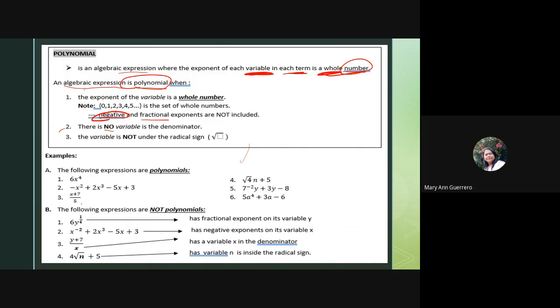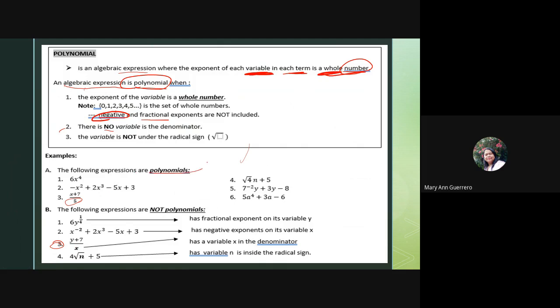Bawal, here, number 3. So this is not a polynomial since there is variable in the denominator. So kailangan pwede yung ito polynomial ito kasi constant naman siya. Okay? Okay lang magkaroon ng constant sa denominator, wag lang ang variable.